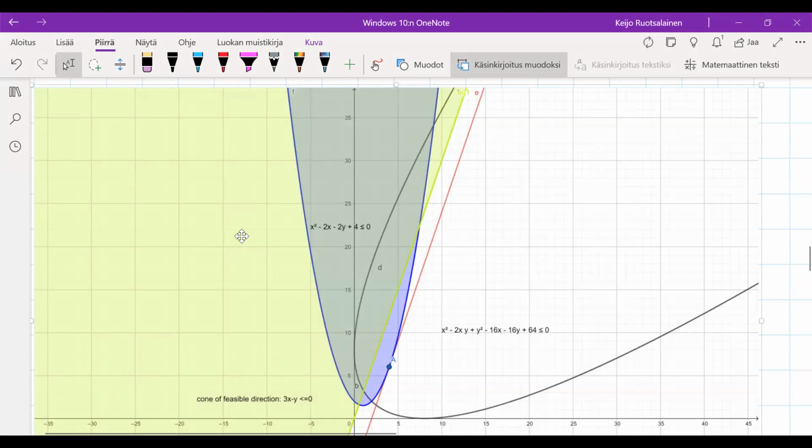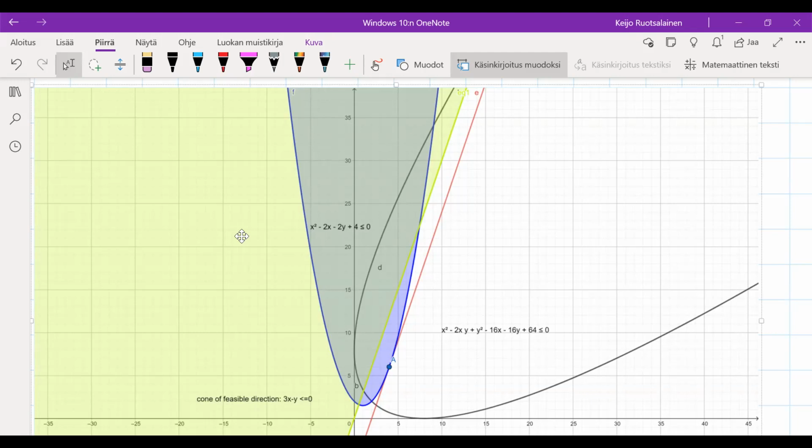The point here is A. So clearly the point with the coordinates 4 and 6 satisfies the equation of the parabola exactly.